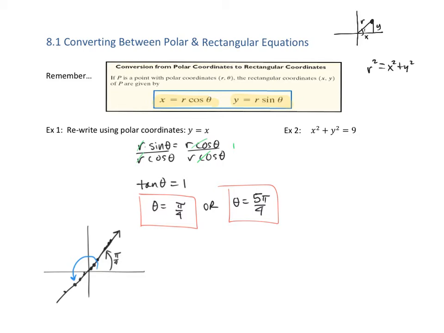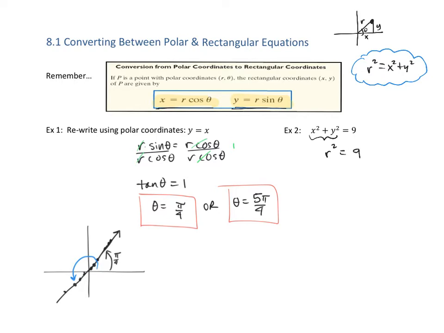If this is my theta, the adjacent over the hypotenuse is my cosine, so that's where this one came from. And my opposite over hypotenuse would be my sine, so it would be y over r. So this is the other equation that's really useful when we're doing these conversions, because this x squared plus y squared, well, that's just r squared.